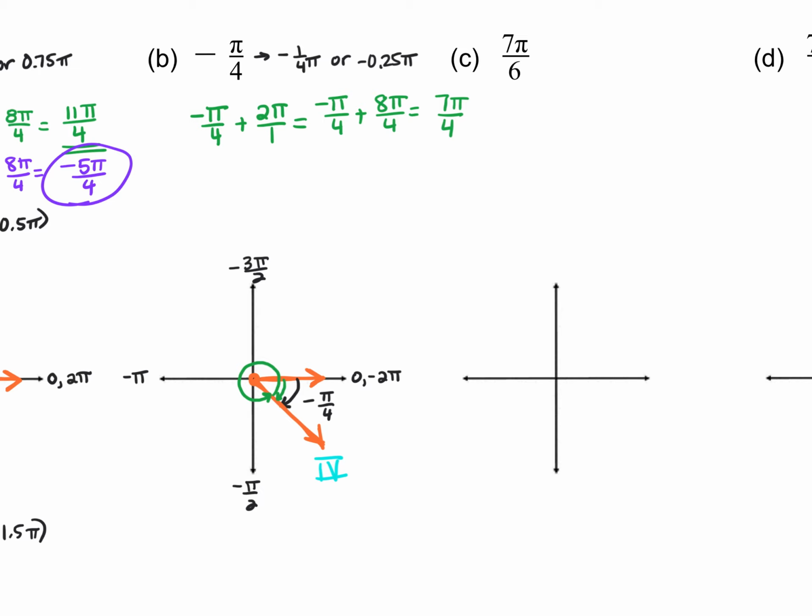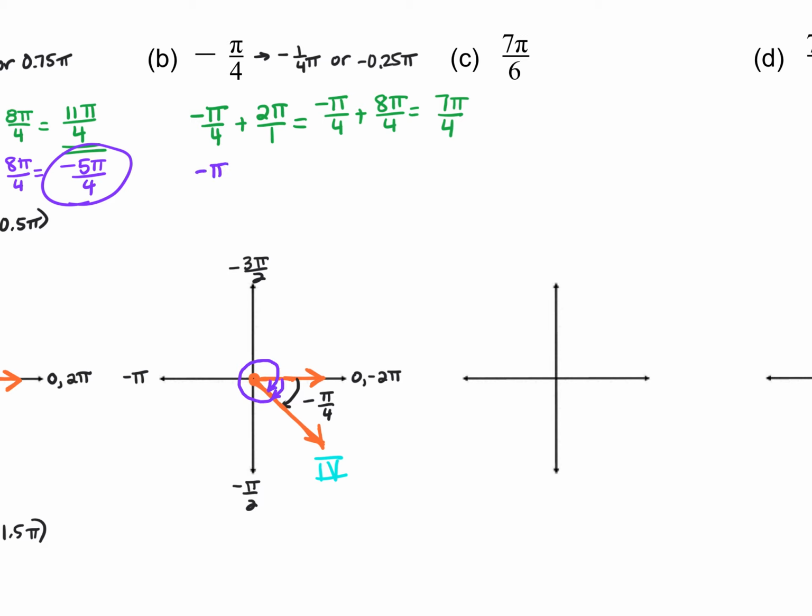Okay, now to find a negative angle of rotation, I once again start by rotating to the angle I want, which is negative pi over 4, and then continue, this time because I want negative, to rotate in a negative direction, another full rotation until I end up where I started.